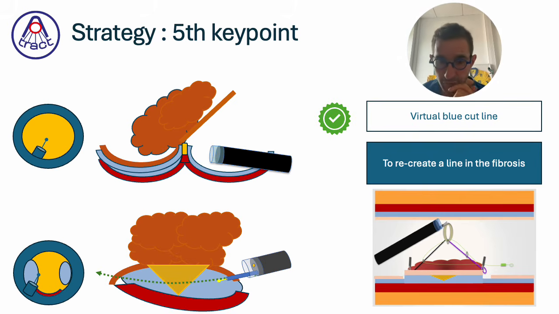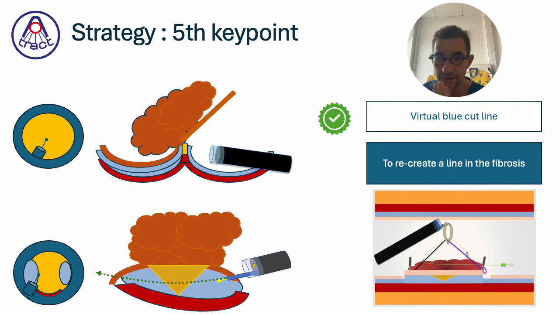But if you manage to dissect from blue to blue outside the fibrosis, it will help you to create a virtual line between blue and blue, cutting the fibrosis by imagining this virtual line which goes from blue to blue without the specimen in between.